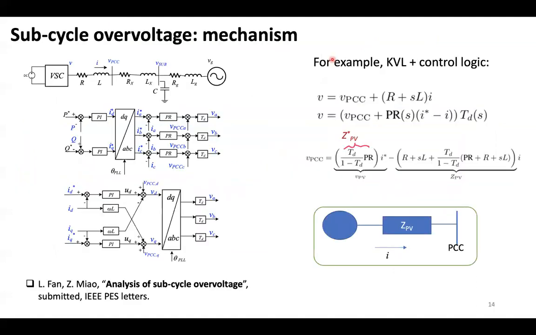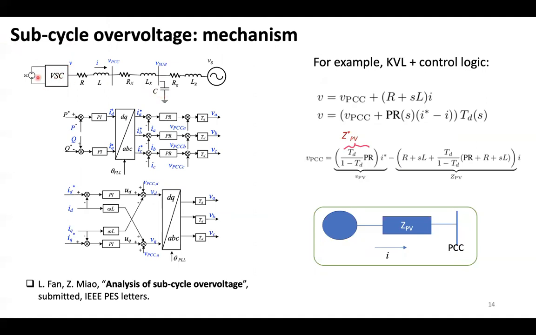We can create a couple of numerical cases for further demonstration. We will cover two demonstrations. The first demonstration is subcycle overvoltage. The same thing: this is the PCC, then the substation, then we put the capacitor there.